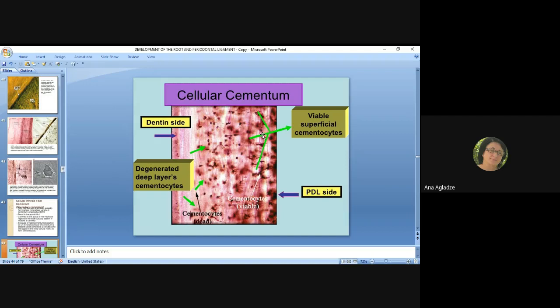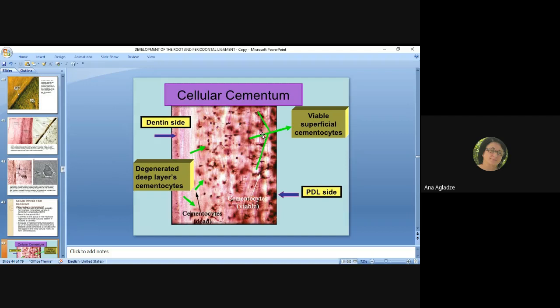When the Hertwig epithelial root sheath disintegrates and thereby leaves the root surface clear, a relatively large amount of cementum matrix is rapidly formed along a zone from 100 to 200 micrometers coronally of the growing root edge, and there is an interweaving of matrix between the cementum and dentin at the future cemento-enamel junction.